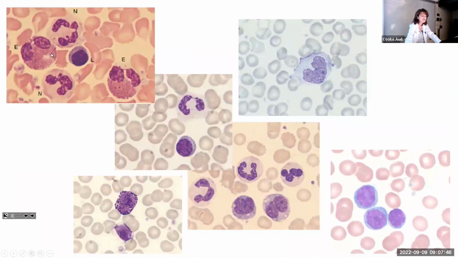Poly, lymphocyte, eos. You see a lot of red here in the cytoplasm. Trust me, you have to see it under the microscope. The granules are so bright red, you cannot miss that cell. Lymphocyte, poly, mono, lymphocyte, basophil, lymphocyte. You got it?